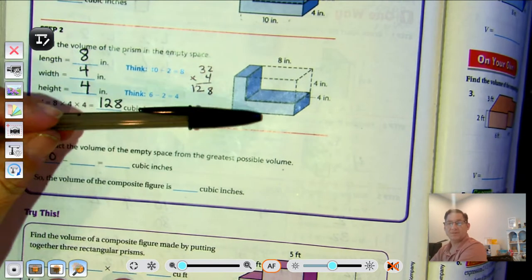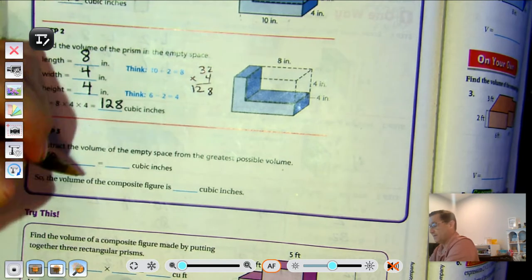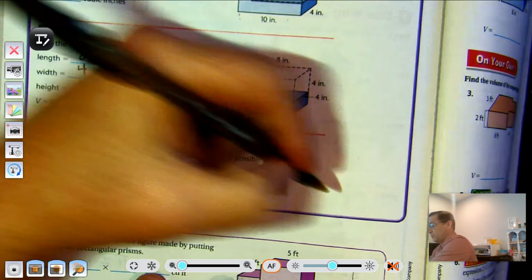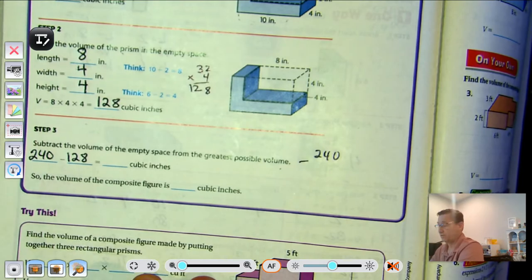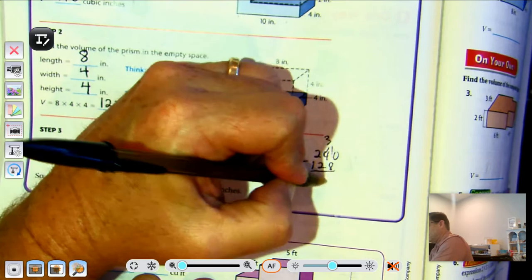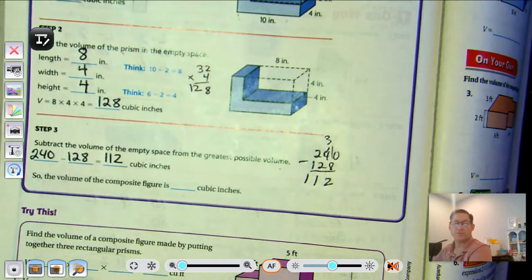But it's got some parts missing. The missing space is 128 cubic inches. So if we subtract that, that will tell us the volume of the blue rectangular prisms. And we find we still get 112 cubic inches.